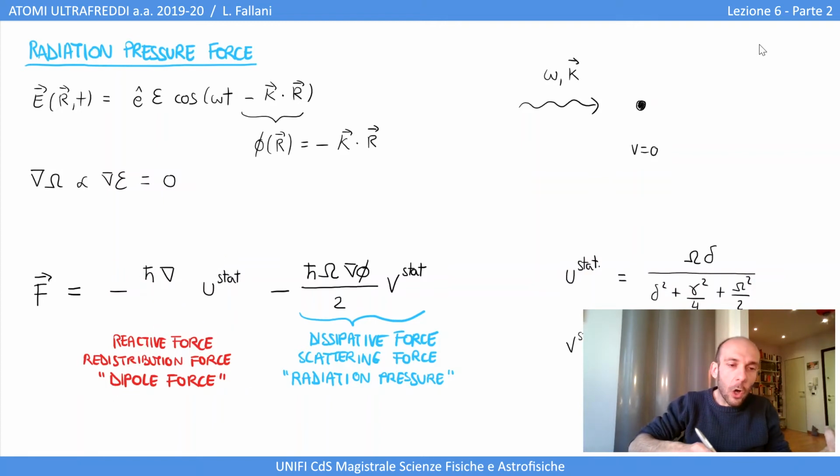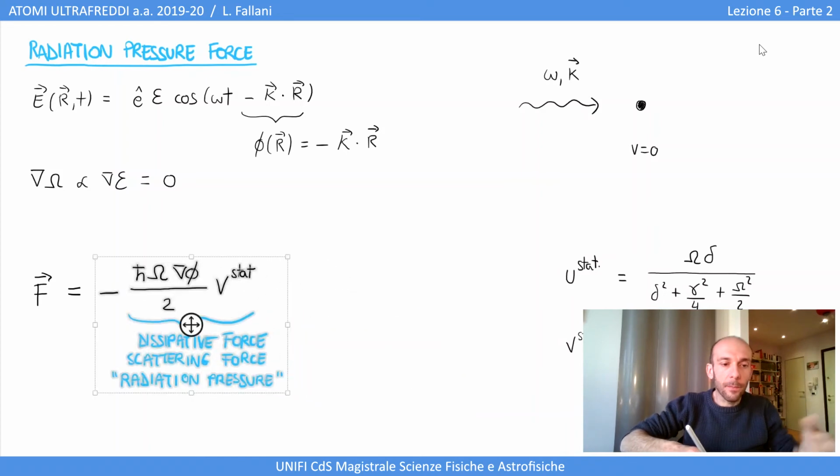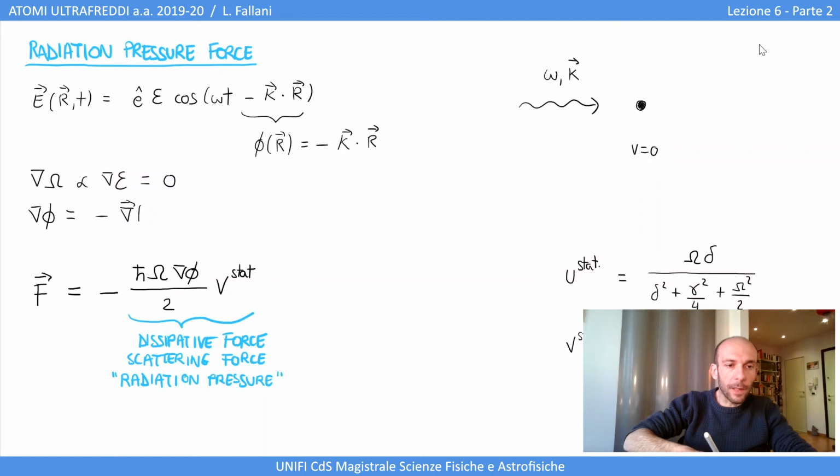Okay, so we are left only with the radiation pressure force, and the radiation pressure force in this case is different from 0, because we have a non-zero gradient of the phase of the field. And the gradient of phi can be written quite easily, and this is given by minus the gradient of k dot r. The gradient is with respect to the coordinate r, and so this of course will be minus k.